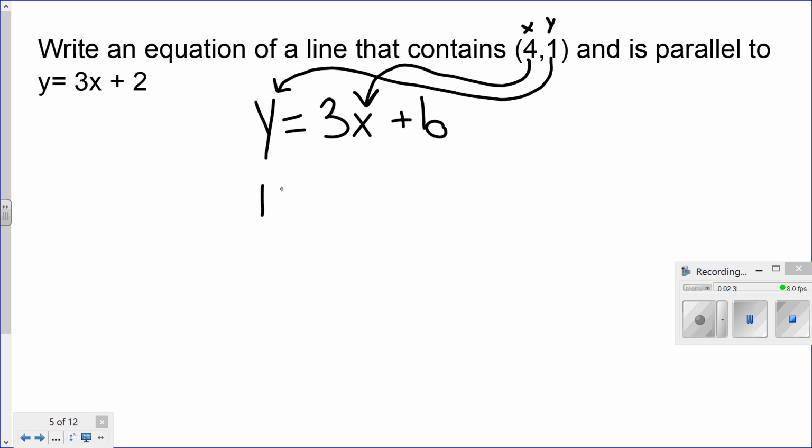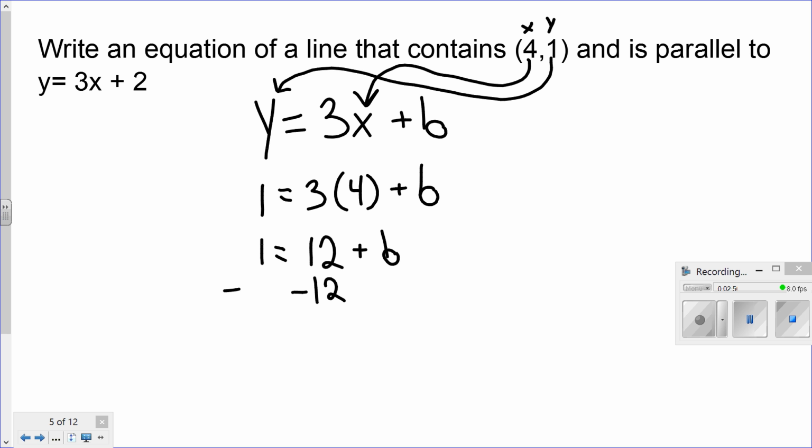So I get 1 equals 3 times 4 plus b. And now all I have left is one variable instead of 3 variables. So now I just have to simplify and solve for b. So 1 equals 3 times 4, which is 12, plus b. To solve for b, I have to subtract 12 from both sides because I want to get b all by itself.